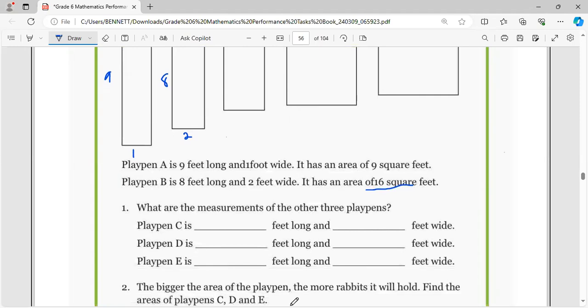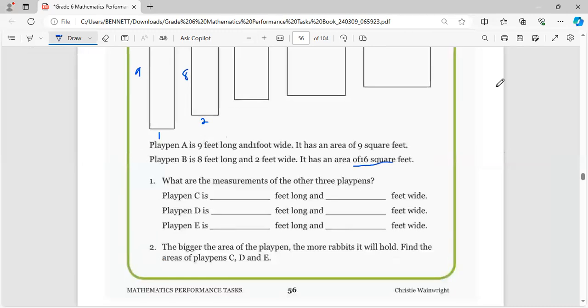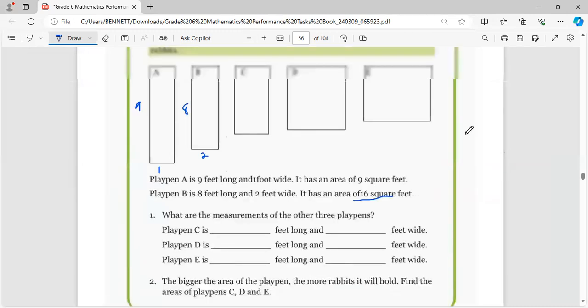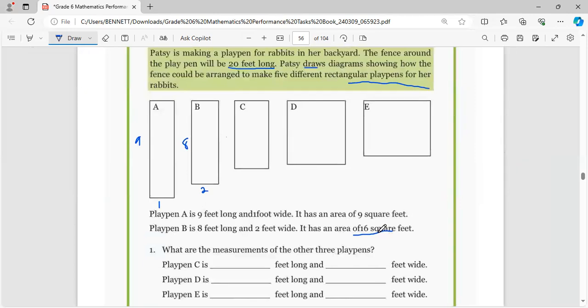Playpen C is this long and this wide, playpen D is this long and this wide, playpen E is this long and this wide. Go ahead, guys, and complete that task, following the pattern that they set up here. You can just look at these and kind of have an idea. WhatsApp it to me, please. I want everyone to work on it. Don't call out the answer yet, all right? But we can discuss after.